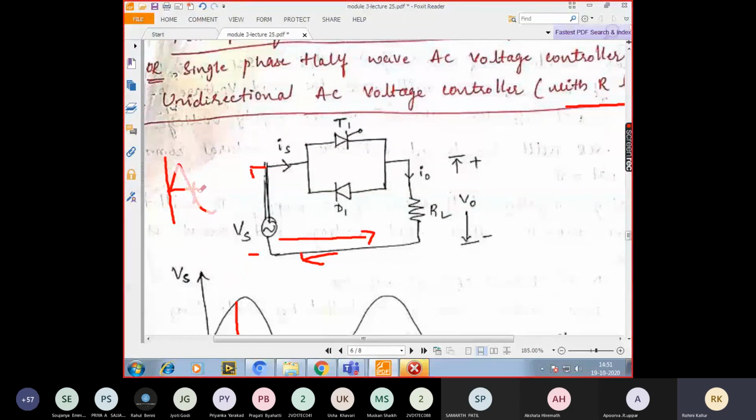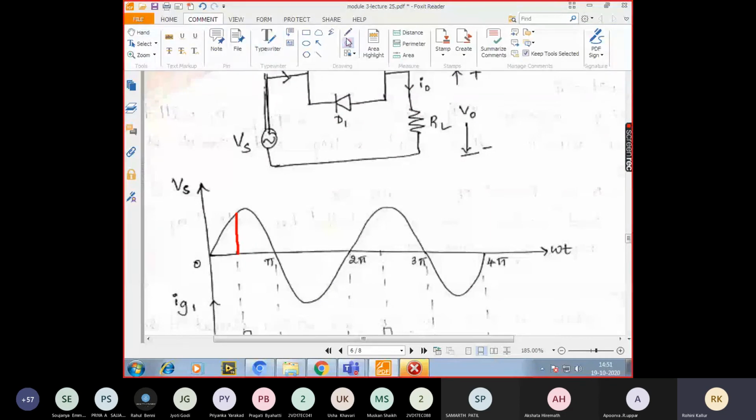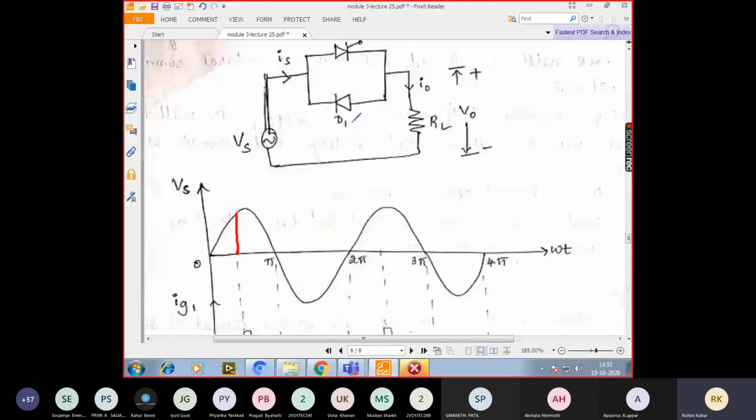How is the phase controlled? The phase is controlled by the firing angle that is applied. Whenever I apply the firing angle with an angle delay called alpha, we vary the output voltage. I cannot control this particular output waveform when the diode D1 is conducting.